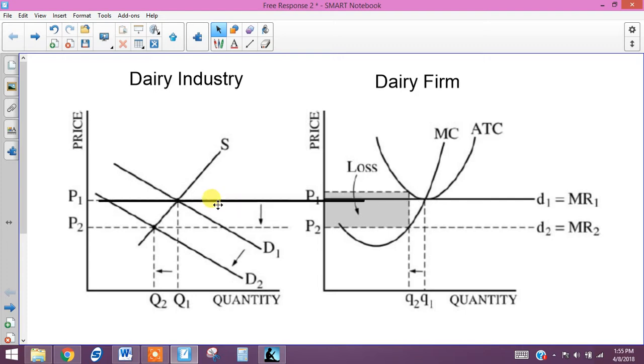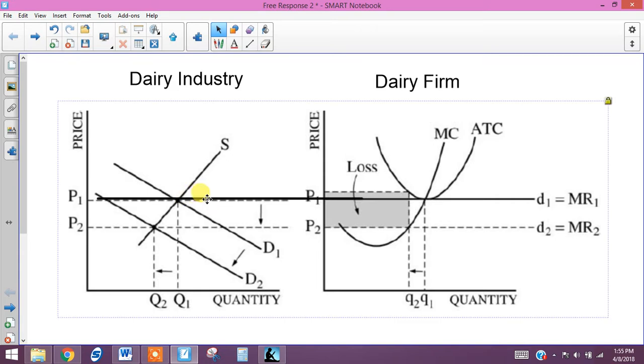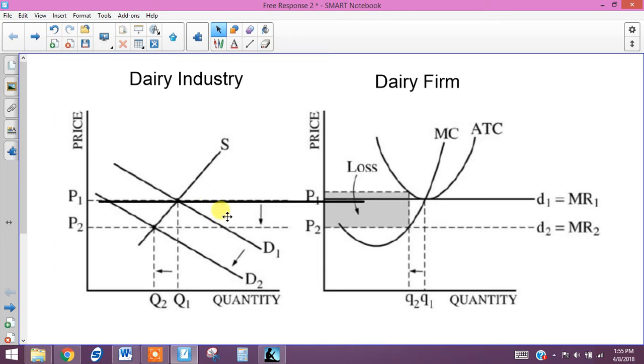The industry's equilibrium right here, where the demand intersects supply, is where the price is set for the entire market. So every firm in the market is going to have this price. Remember, a firm in a perfectly competitive market is a price taker.